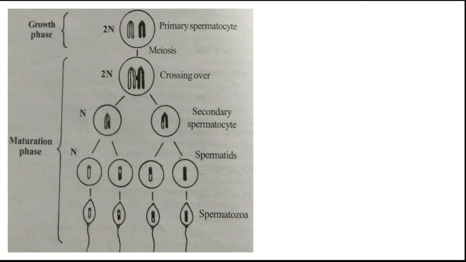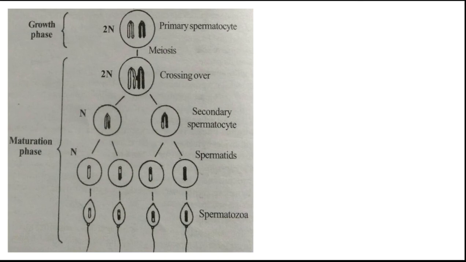The first meiotic division produces two cells having a haploid number of chromosomes, and these cells are called secondary spermatocytes.